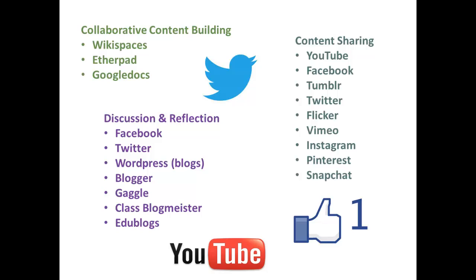Now, the last group of collaborative tools are those that open up more towards discussion and reflection. These are tools that allow for a little more lengthy commentary and are often the kinds of environments where you're engaging in an ongoing conversation about something. These include Facebook. Facebook is now expanding to include longer dialogues and messages and other tools like pages within Facebook.